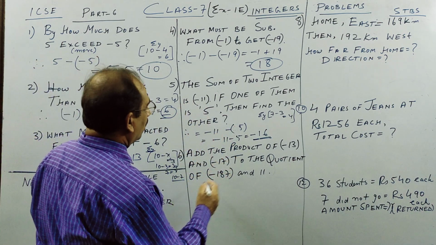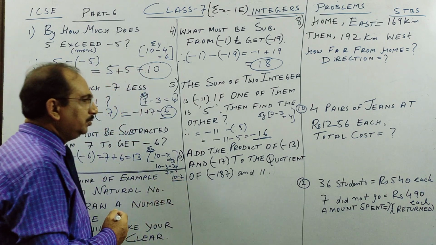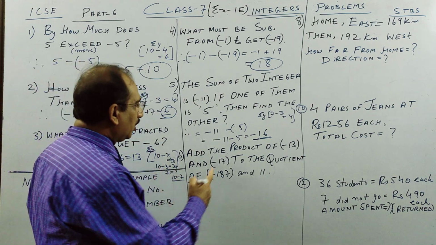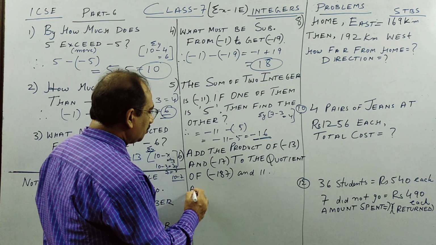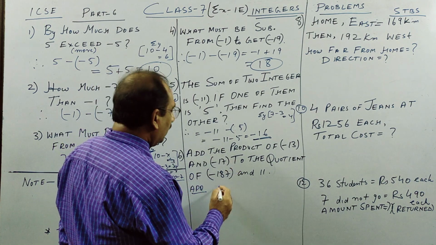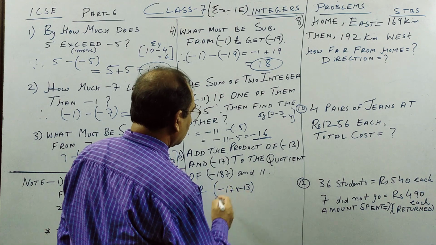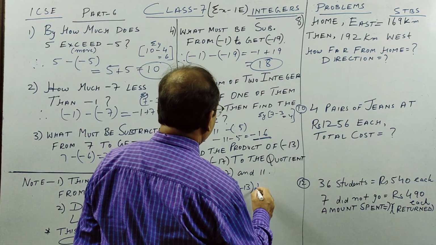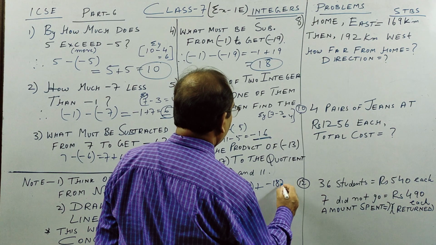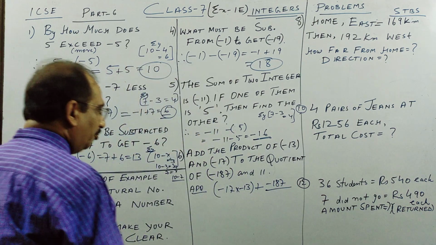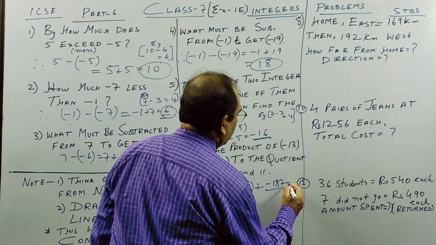Next is, add the product of this and this, as per the question, to the quotient of minus 187 by 11. You can write divided by 11.